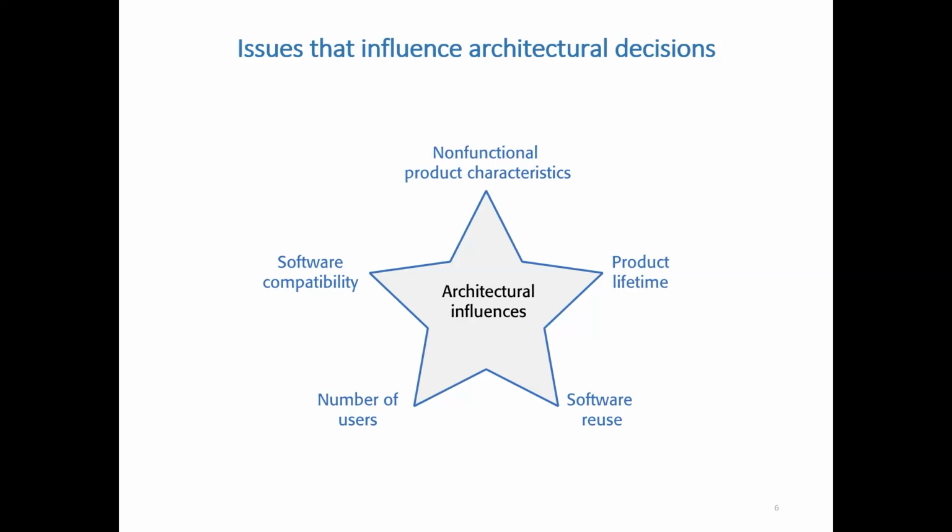If your system needs to integrate with existing tools or legacy platforms, your architecture needs to account for that early on to avoid major refactoring down the road. So as you can see, architecture isn't designed in a vacuum. These five factors help shape smarter, future-proof decisions.